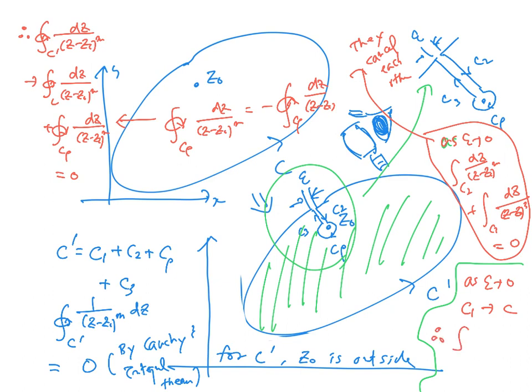So we have this C is actually 0, right? And then the result is the same as 2 pi i for m equal 1, 0 otherwise. So actually it doesn't depend on the shape of the curve. So any kind of curve will have the same result.